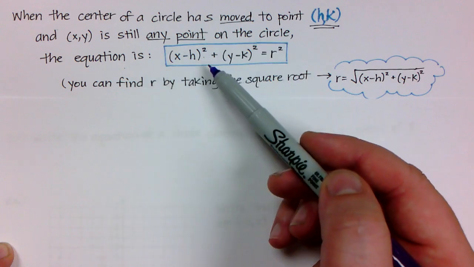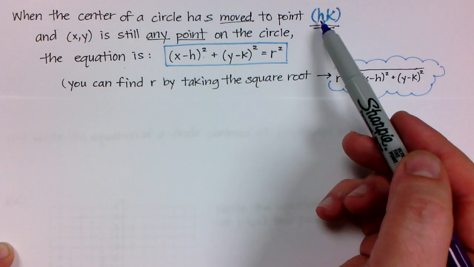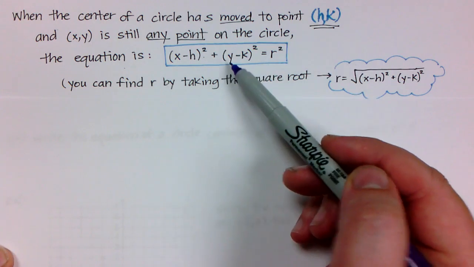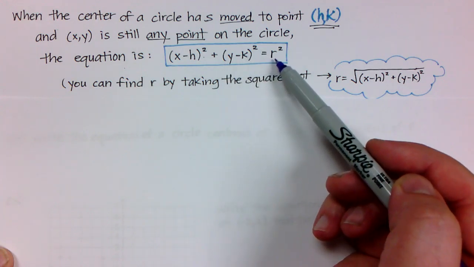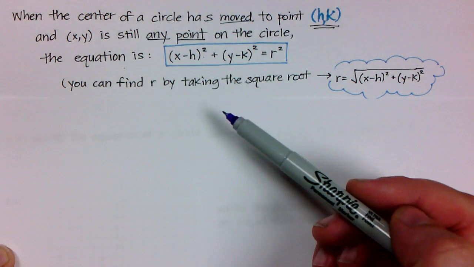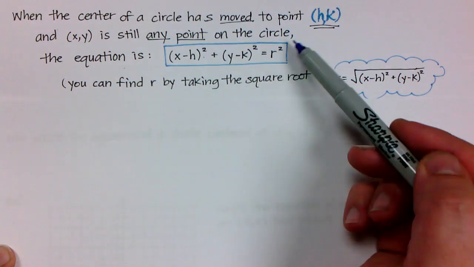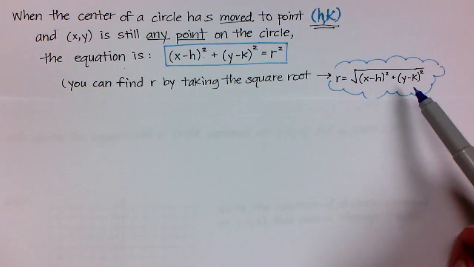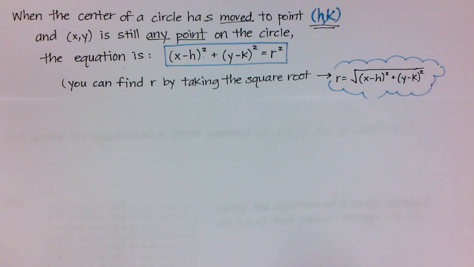So this is the new format to write the equation: x minus h squared plus y minus k squared is equal to, again, radius squared. So there's a little bit more work when you do these ones. You can find the radius by taking the square root of both sides. The radius is the square root of x minus h squared plus y minus k squared.